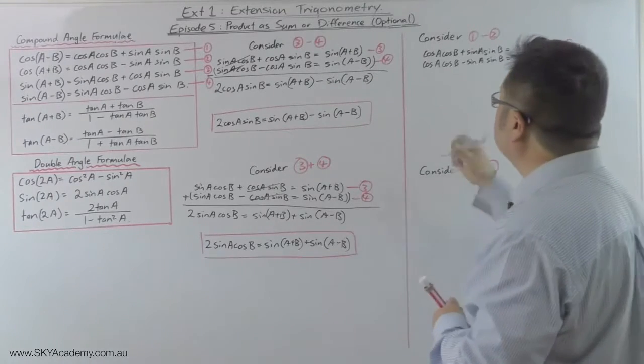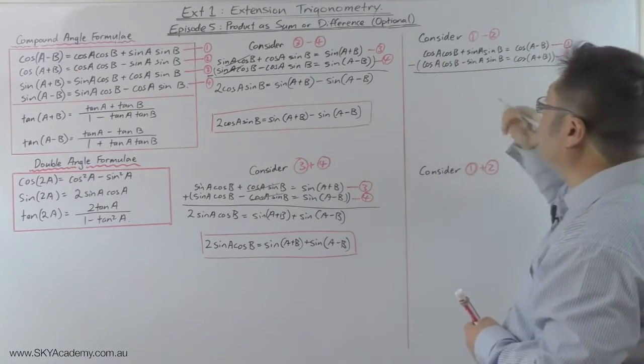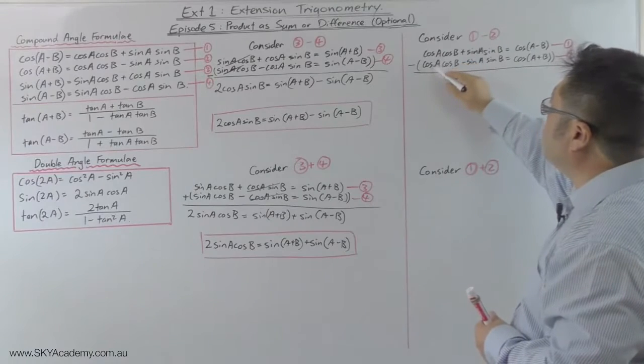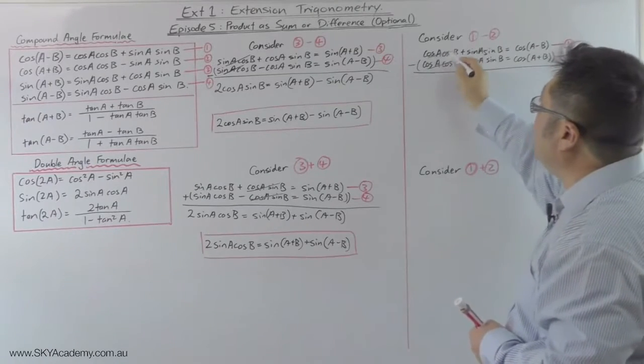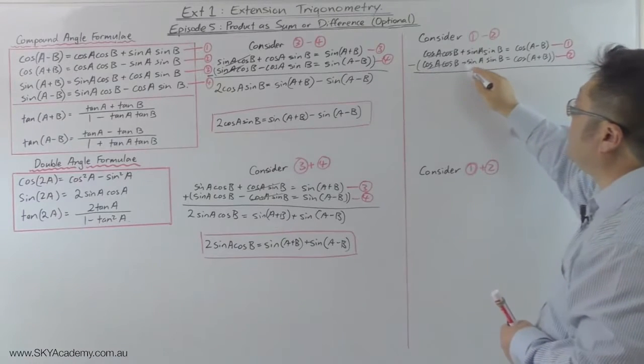Let's subtract, which means we put a minus in front of all of that. The cosine A cosine B terms cancel out, and the negative and the negative become positive.